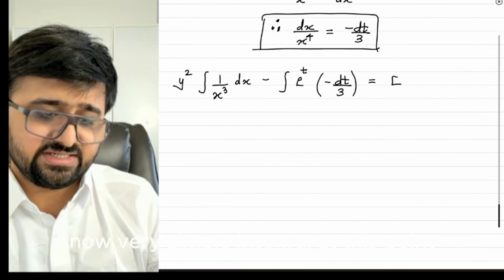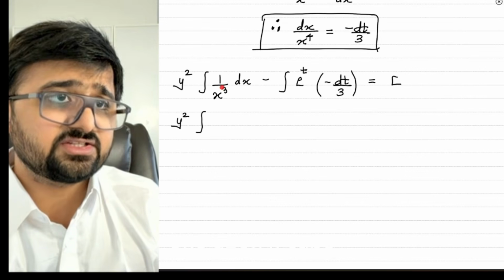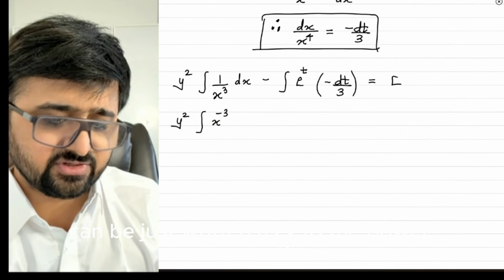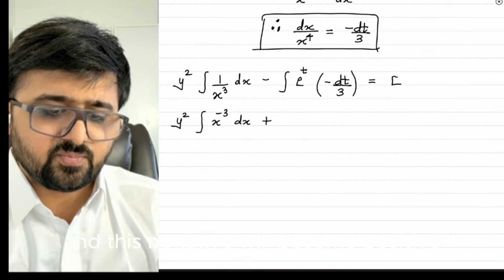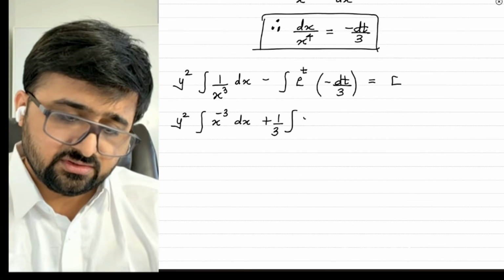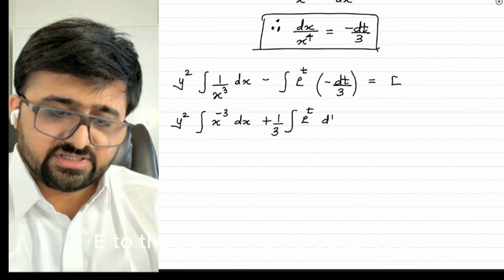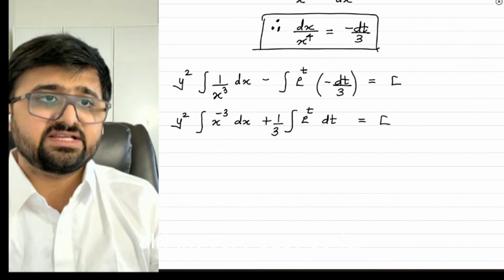Now, a very simple integral at this point. y square integration 1 upon x cube can be written as x to the power minus 3 dx, and this negative will become positive. The integration 1 upon 3 can be taken out, e to the power t dt is equal to c. All right, very easy so far.